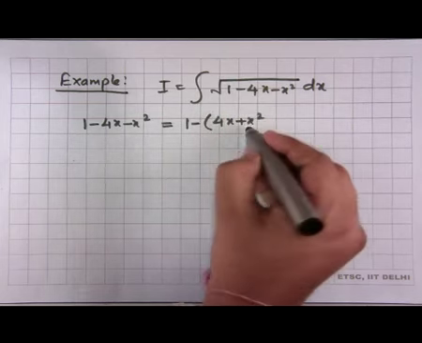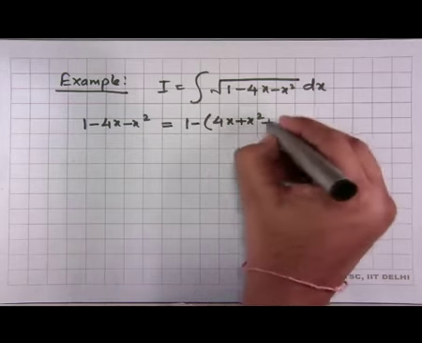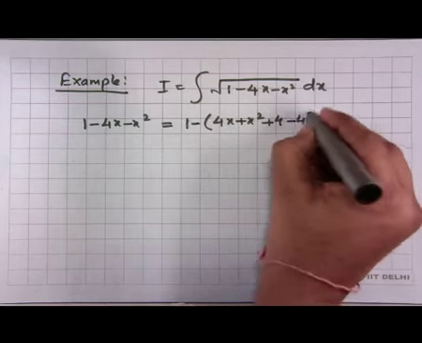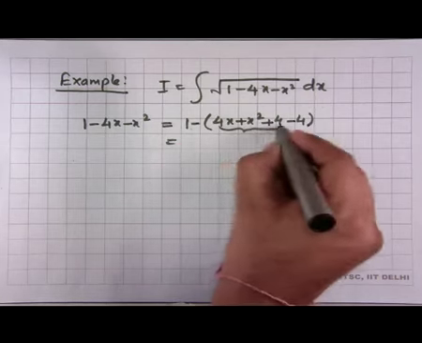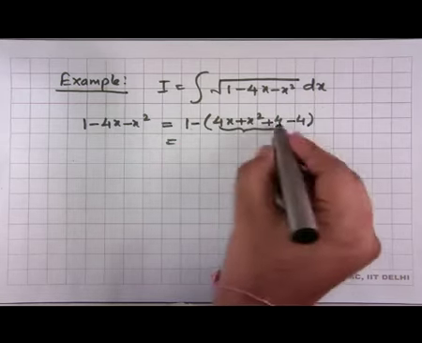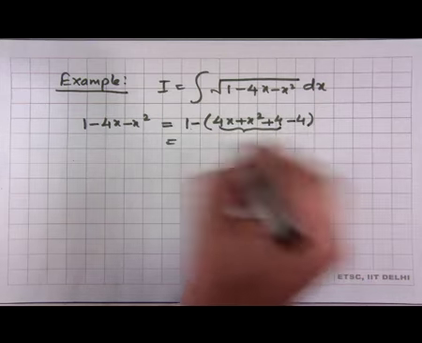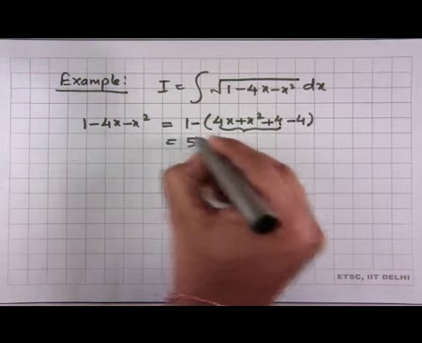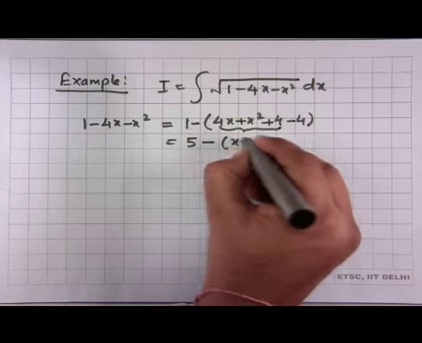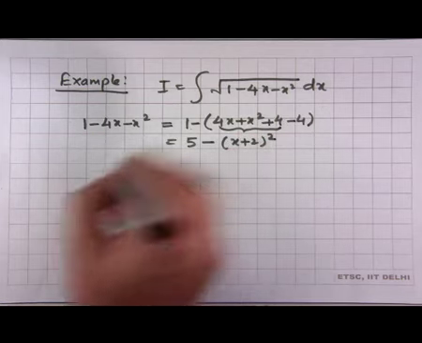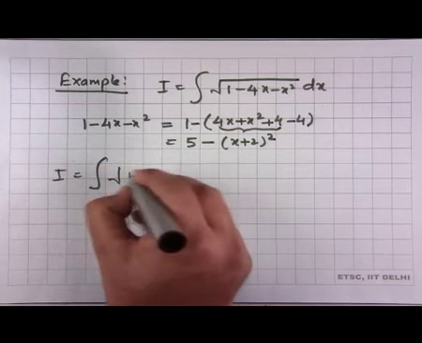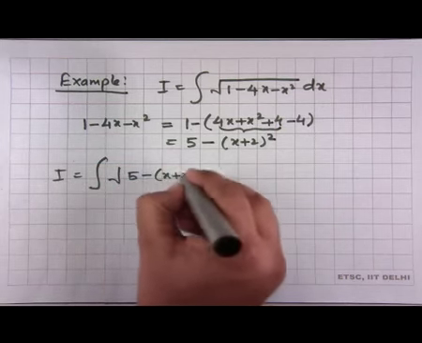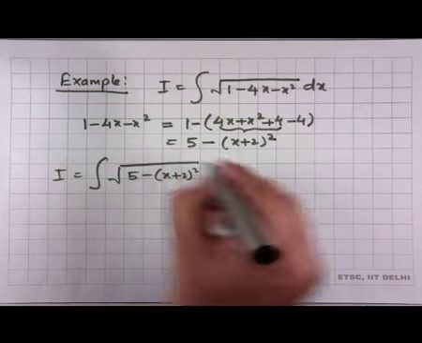So, it is x square plus 4x, and if I add 4 here and subtract 4 here, this ultimately takes 1 and this becomes x plus 2 whole square. So, 1 plus 4 is 5, minus x plus 2 whole square. So, the integral I can write as the integration of square root of 5 minus x plus 2 whole squared dx.